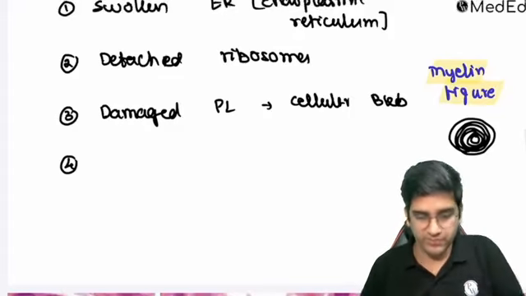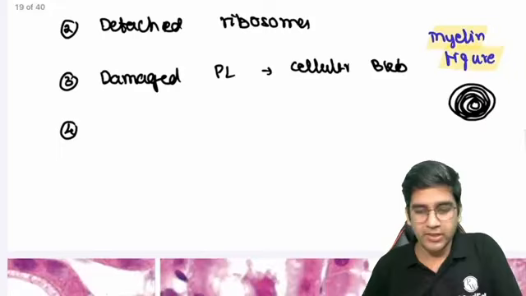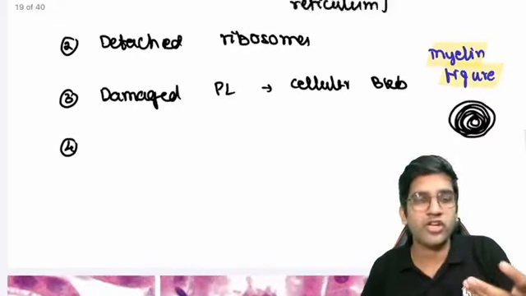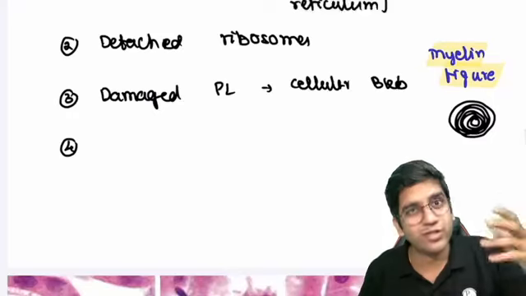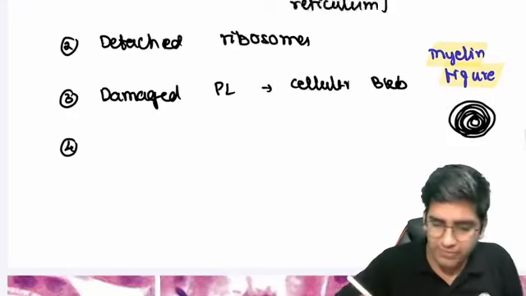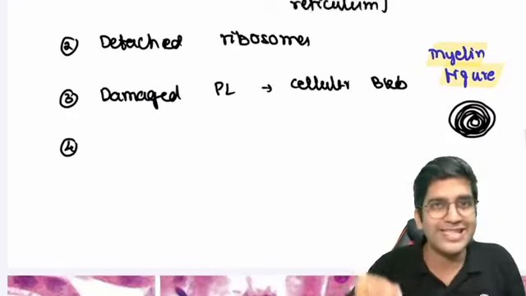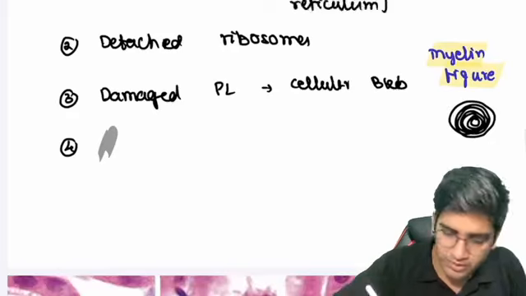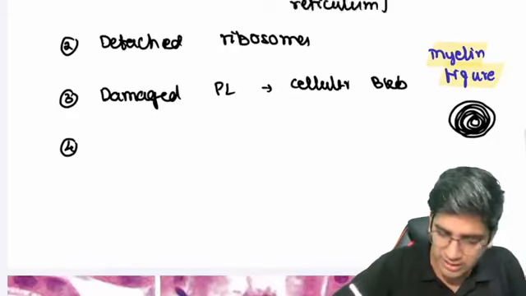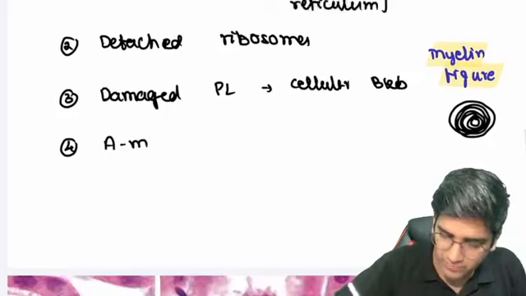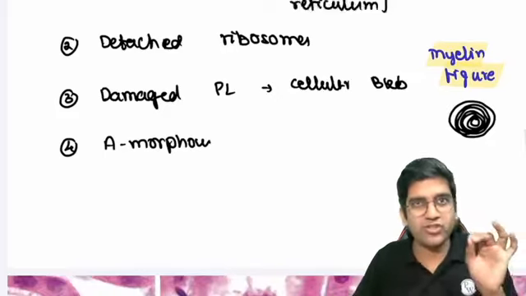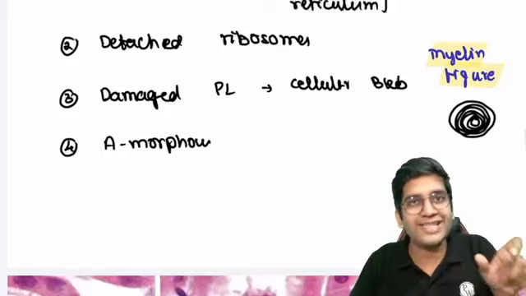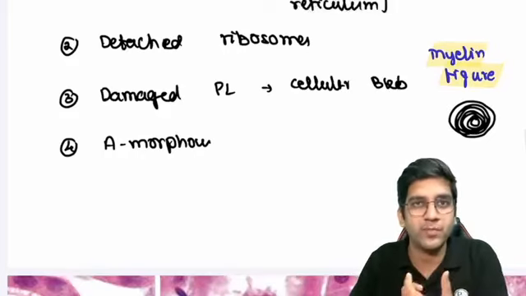Fine. The fourth finding is when my mitochondria swell, can mitochondria also have damage? Not destruction, damage for sure, right? So I might have a few densities in mitochondria. We call them amorphous. The reason I'm splitting the word is so you'll know what it means. A is absent, morphous is morphology.